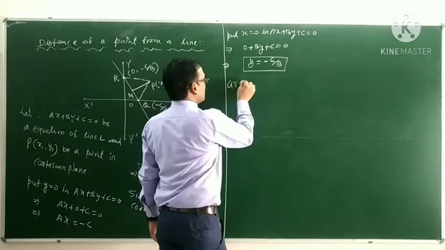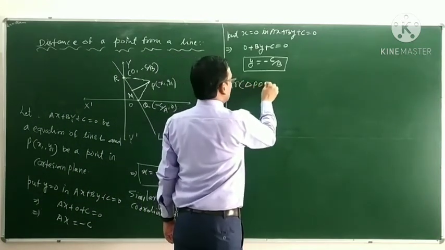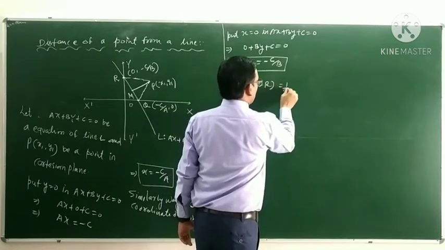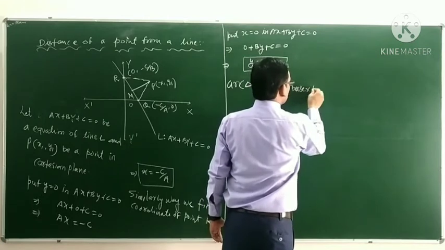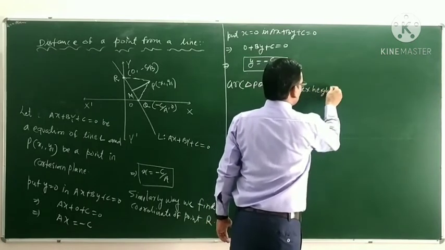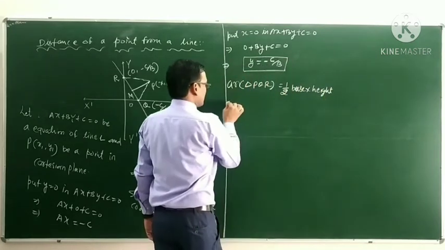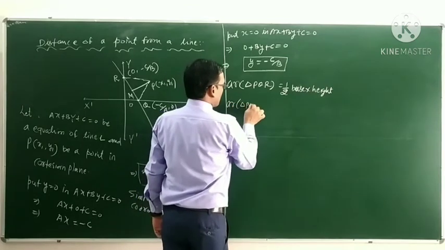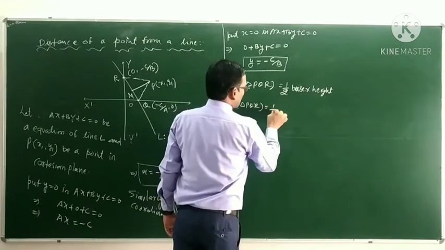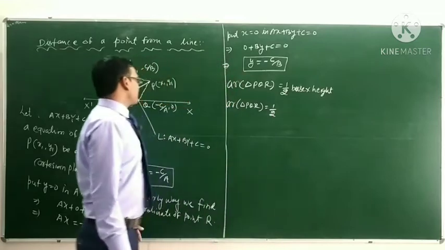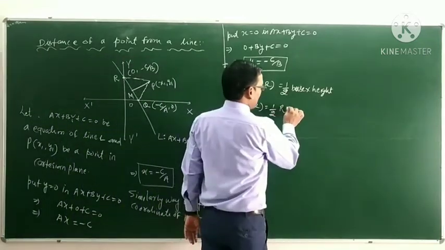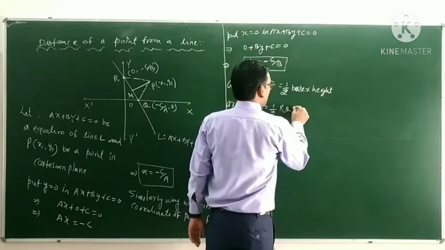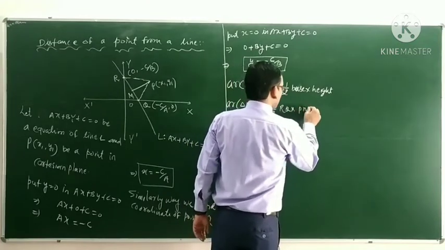Here the area of triangle PQR is 1 by 2, base is RQ and height is PM.